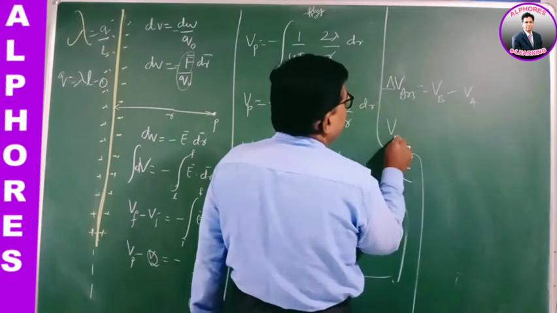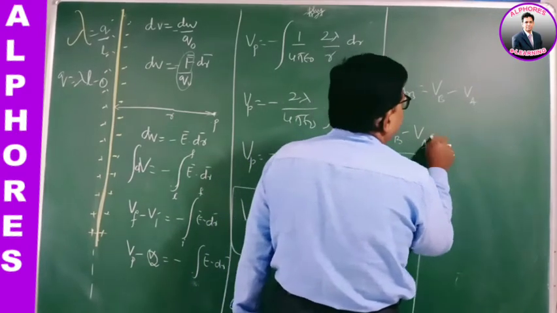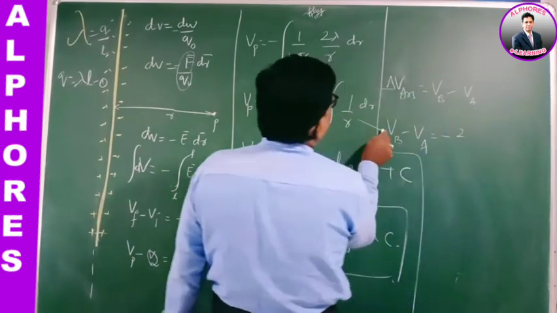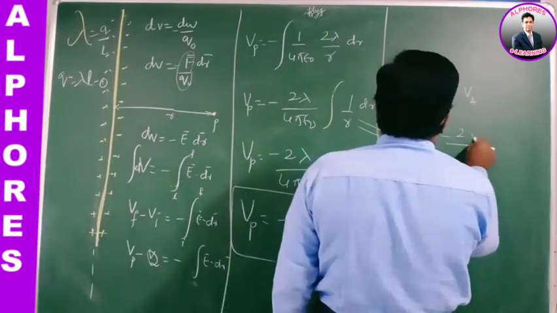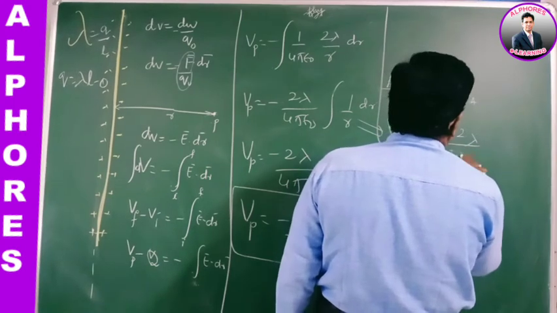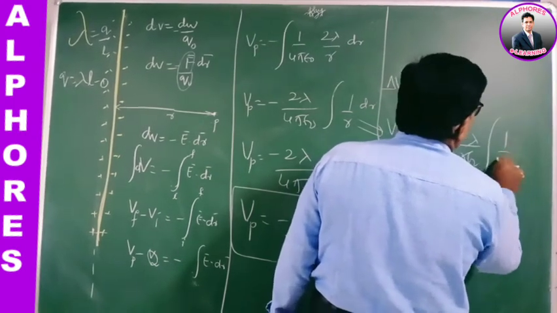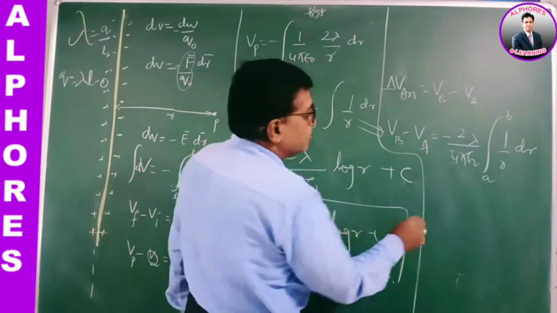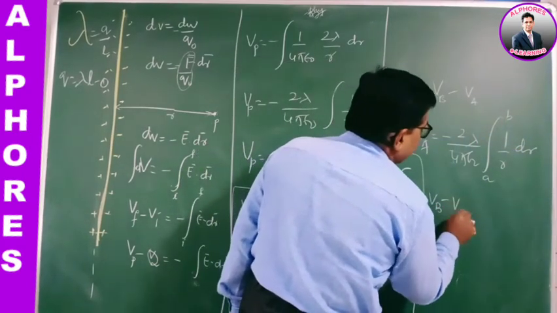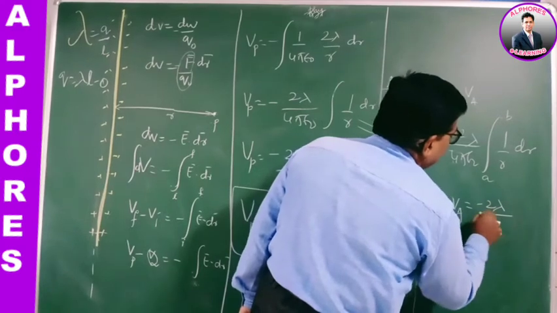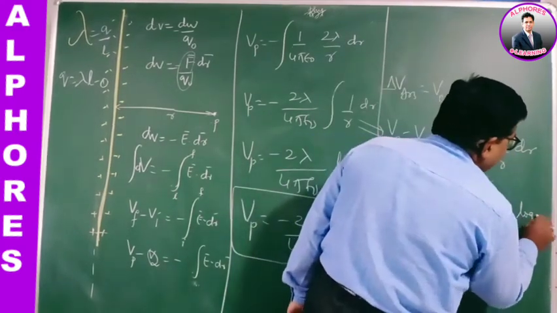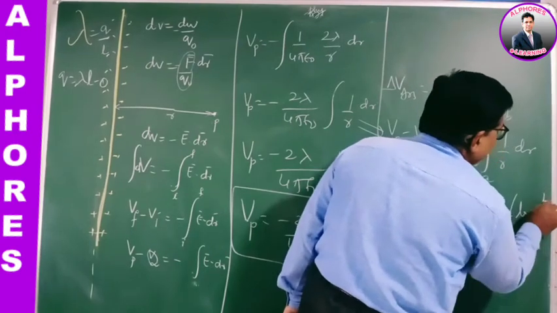So potential at B minus potential at A is minus 2 lambda by 4 pi epsilon naught, integral 1 by r dr from A to B, which is minus 2 lambda by 4 pi epsilon naught log r between the limits A and B.